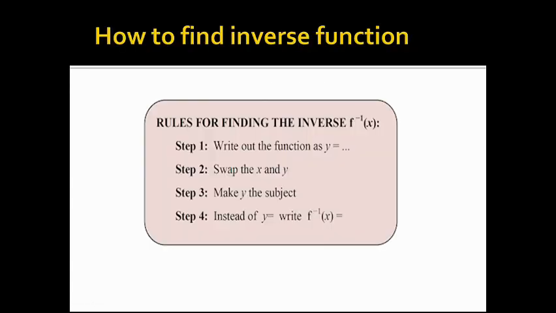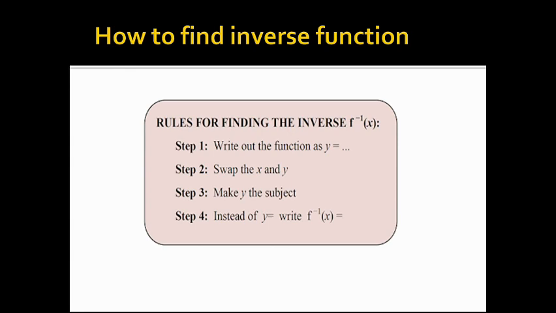Now, in your course, we have to find different inverse functions, and we have certain rules for finding the inverse function. I have divided finding the inverse function into different steps.